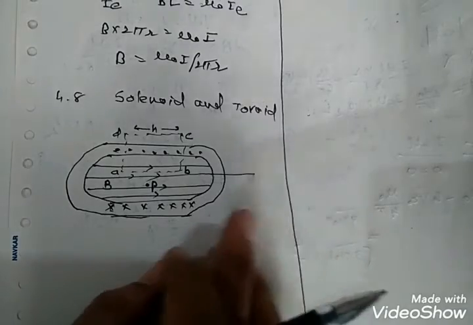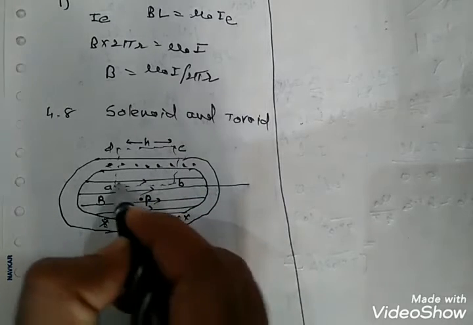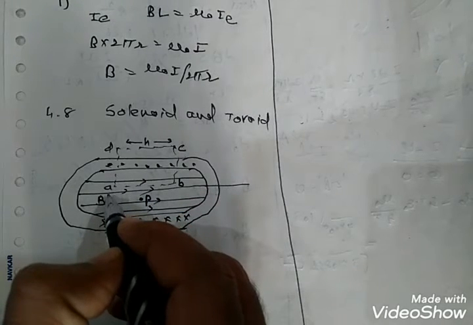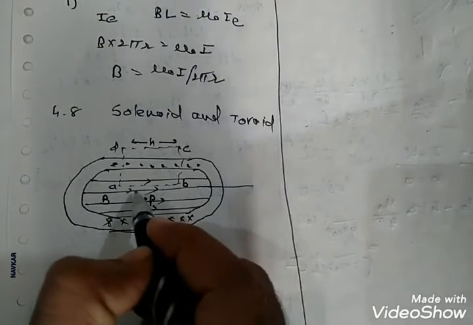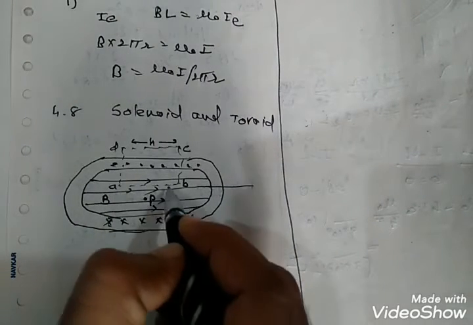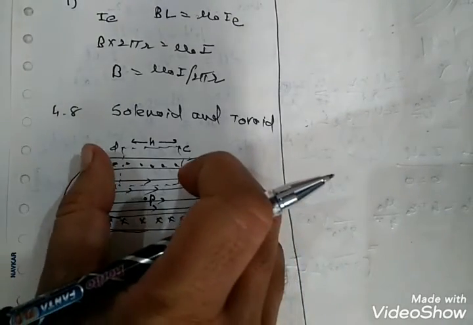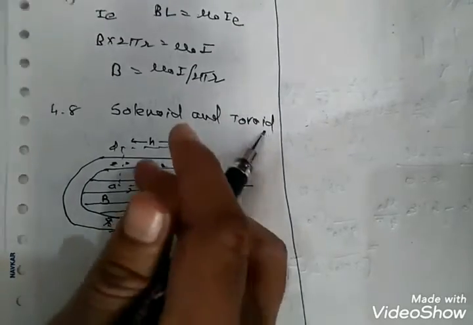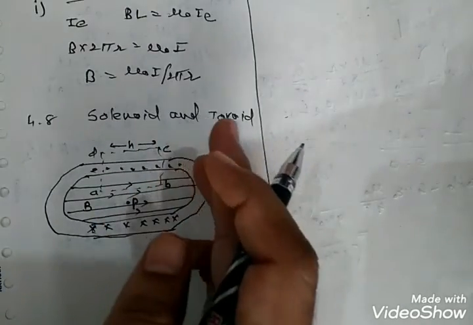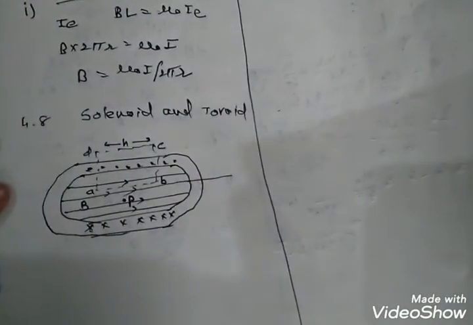Consider a rectangular Amperian loop ABCD. Along CD the field is zero because it is outside the solenoid.